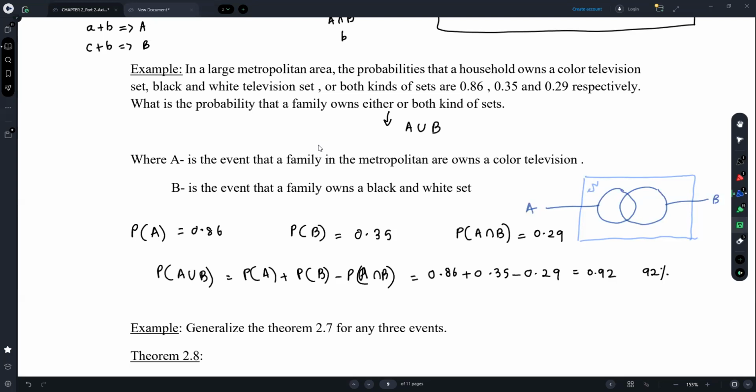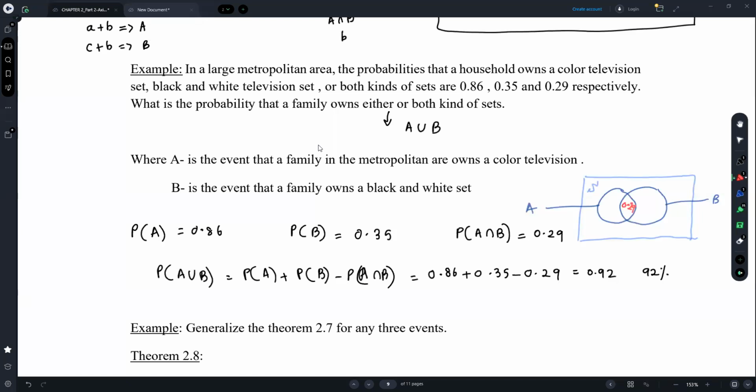How do you fill this Venn diagram? When you fill a Venn diagram, you start with the intersection, the overlapping area first, which is 0.29.